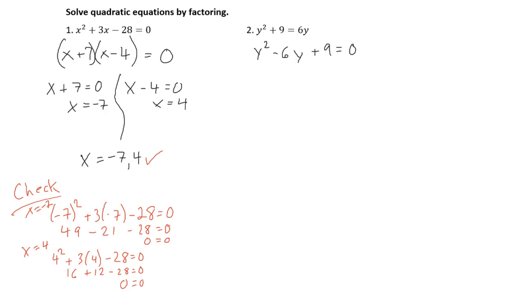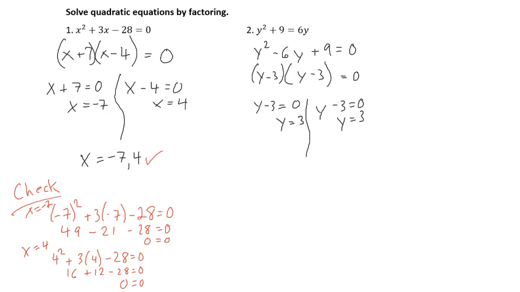Now we need to factor this, which is y minus 3 times y minus 3 equals 0. Now we can apply where each one is set equal to 0. We get y equals 3, and the same thing over here. So our solution is y equals 3.